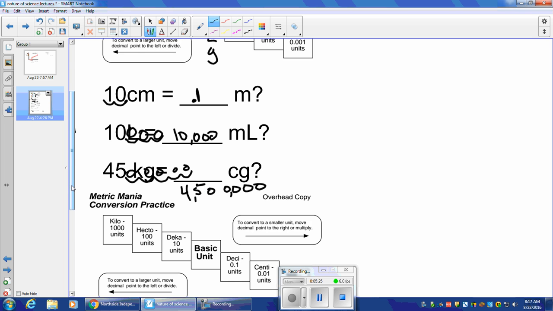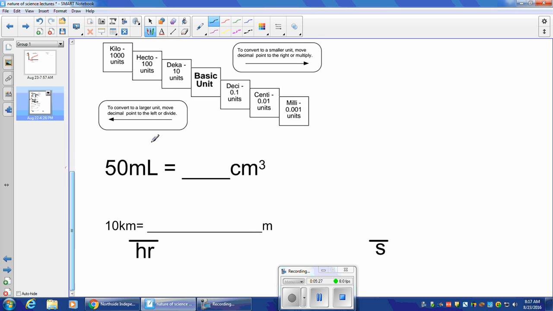Let's go down here. A little tricky one here. Milliliters to centimeters. So you know that you have meters, liters, and grams. These aren't really even the same things, right? Liters and meters are different units of measurement. But you know volume, if you remember from geometry, is base times width times height, right?